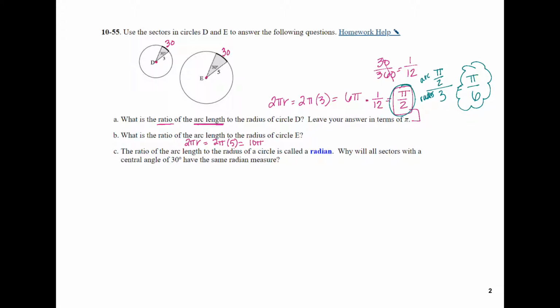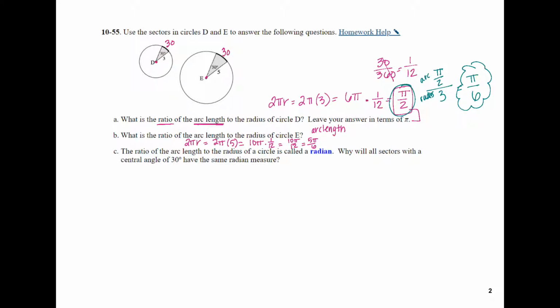We then need to multiply that by our angle, 30 degrees over 360, which is 1/12. So when we multiply those straight across, we get 10 pi over 12, which reduces to 5 pi over 6 for our arc length.